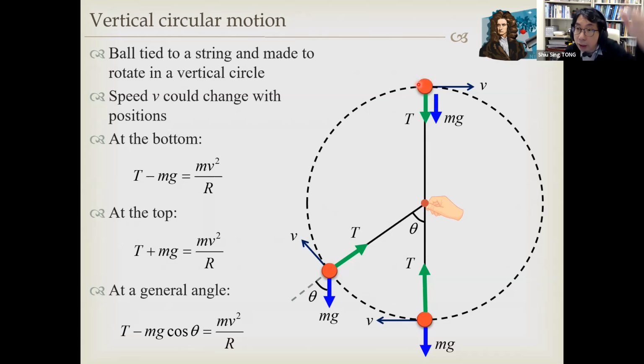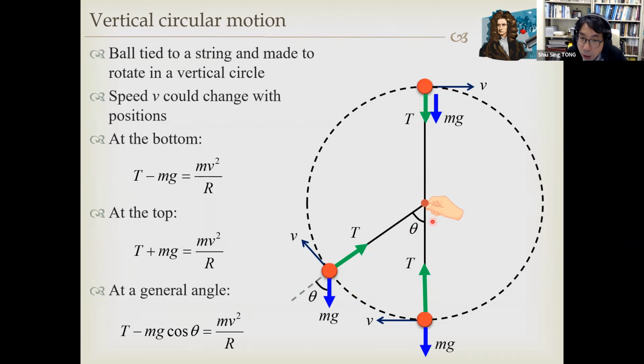When the bit is at the top of the circle, the string is pulling it down, right? So it pulls it vertically downwards, okay? And so the direction is different in these two cases.